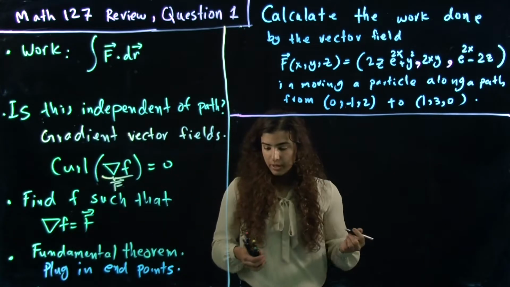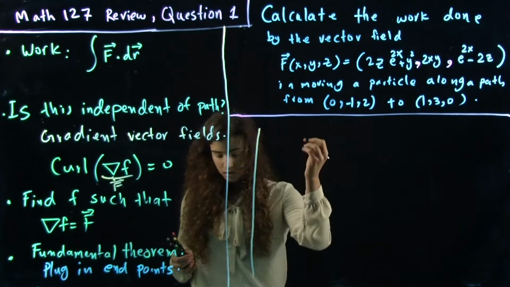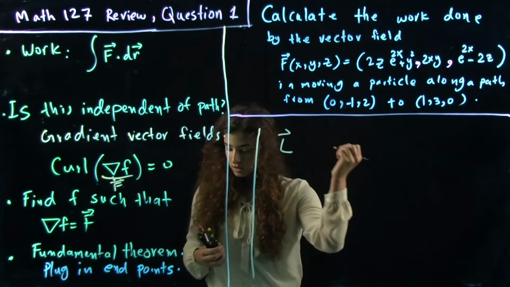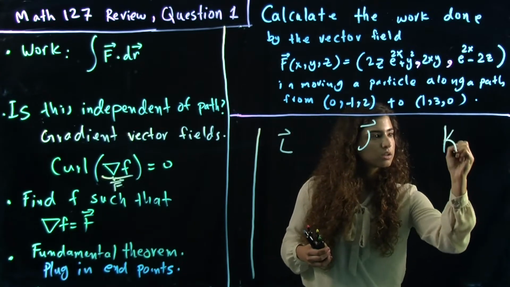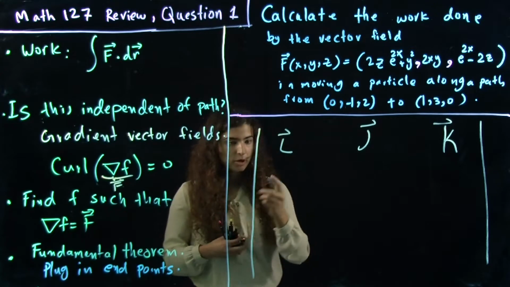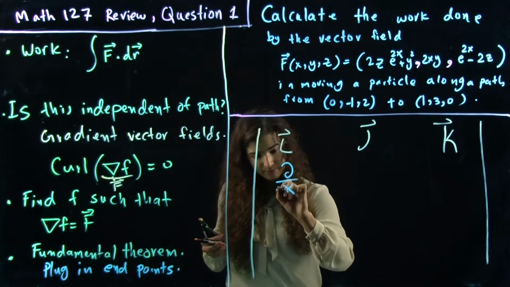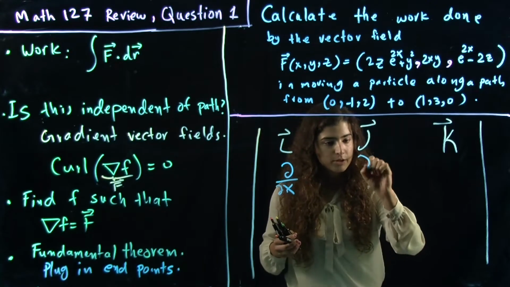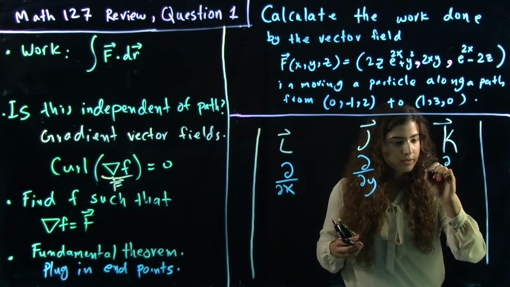So we have to set up our matrix. We have our i, j, and k. Then we have our partial with respect to x, our partial with respect to y, and our partial with respect to z.